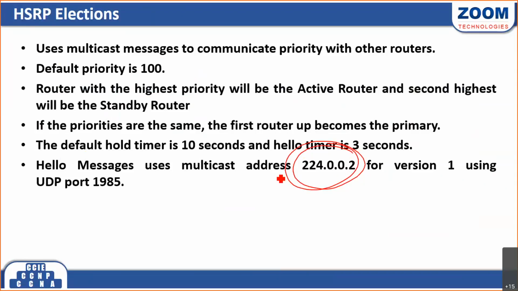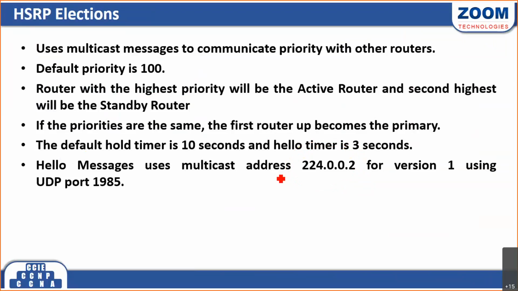EIGRP is 224.0.0.10. So HSRP is 2, VRRP is 12. These multicast addresses actually have to be remembered.